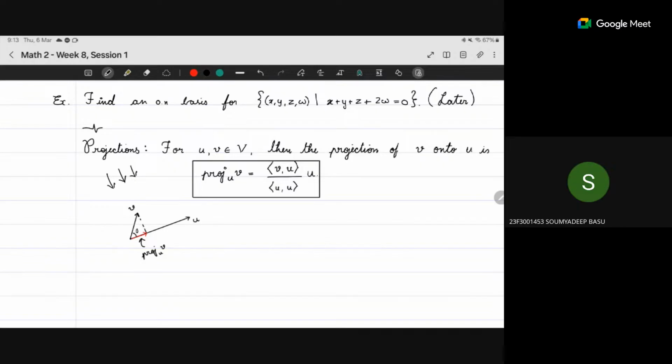Assume that this angle is theta. Whatever I want to call the projection of v onto u, this is some alpha times u, alpha being some real number. So it's a vector along u, some scale of u. And I want to find out what this alpha is.